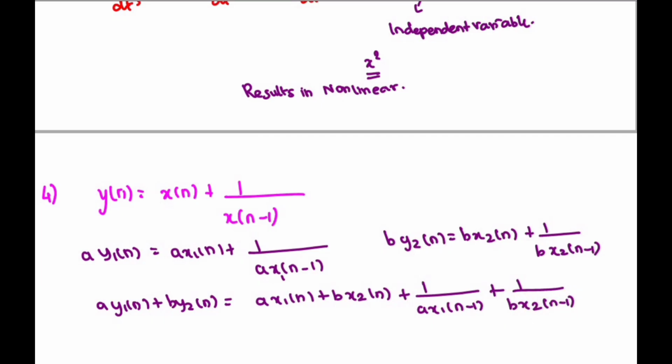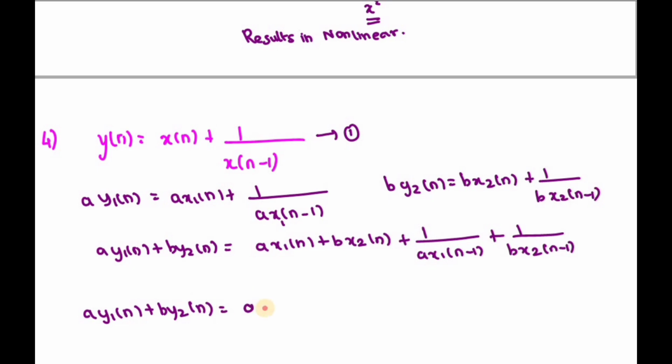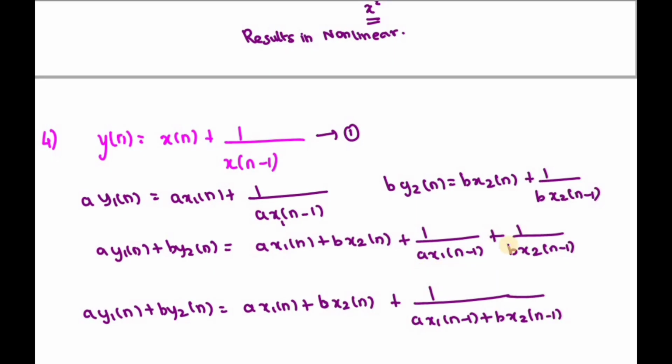So in the equation we substitute x of n is equal to a into x1 of n plus b into x2 of n. So we substitute and get a x1 of n plus b x2 of n on the right instead of x, and the other substitution gives a x1 of n minus 1 plus b x2 of n minus 1.